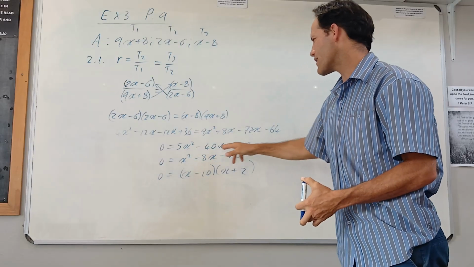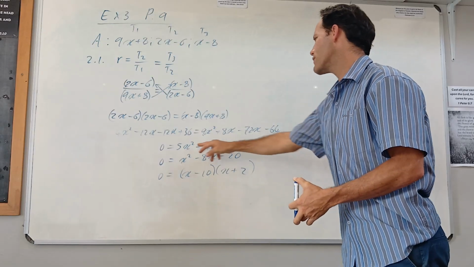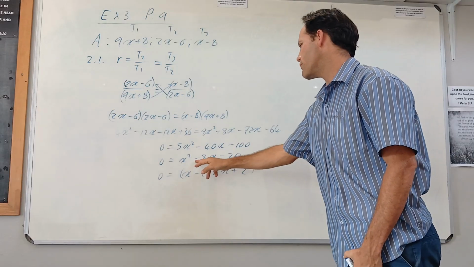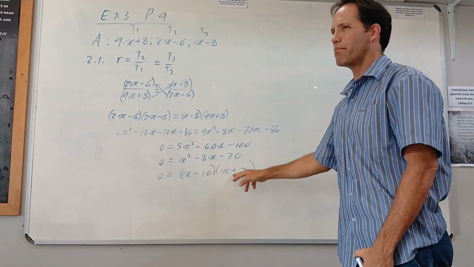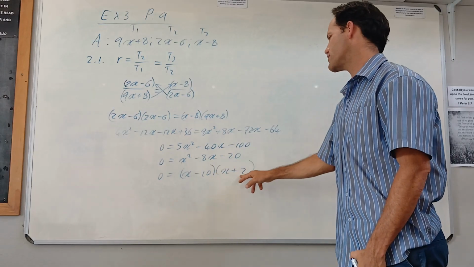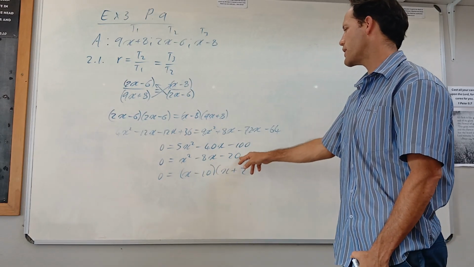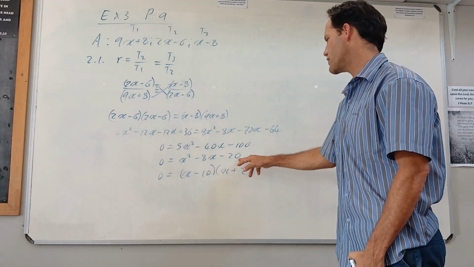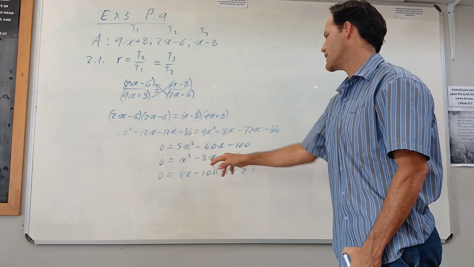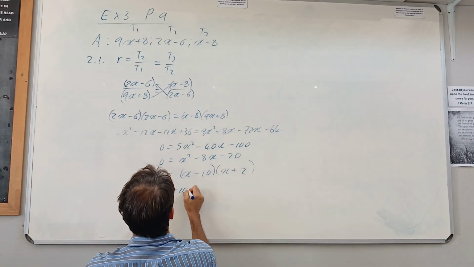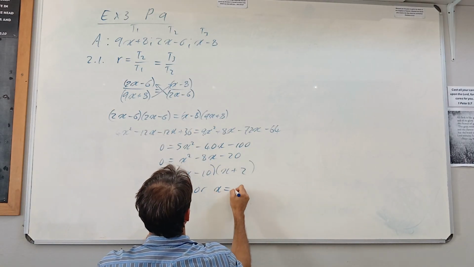Look for a common factor, divide by the common factor so that you try to get x squared if it's possible, and then think of the minus, and minus means it's minus and plus. And then to get negative 8, it's negative 10 and plus 2. Negative 10 times 2 is negative 20, negative 10 plus 2 is negative 8. So that means x must be equal to 10 or x must be equal to negative 2.